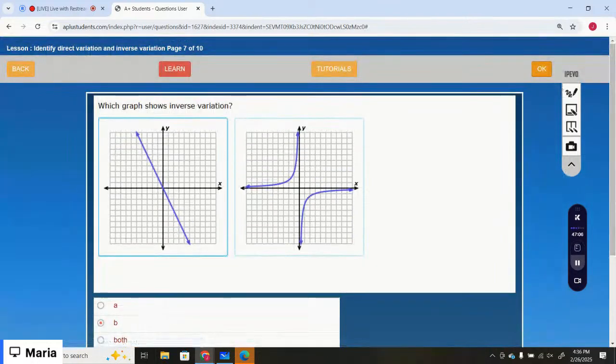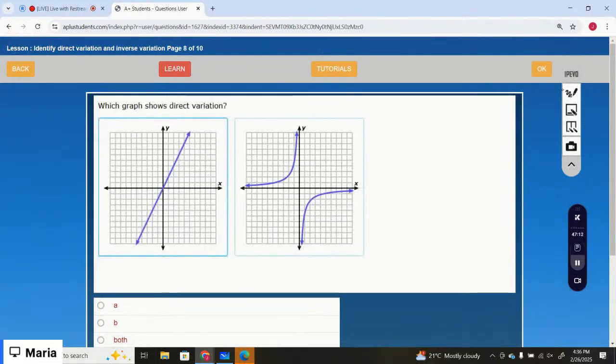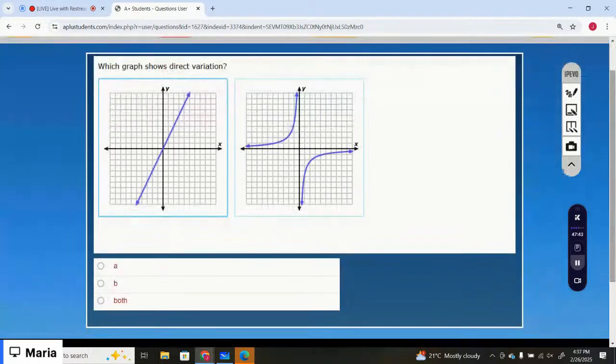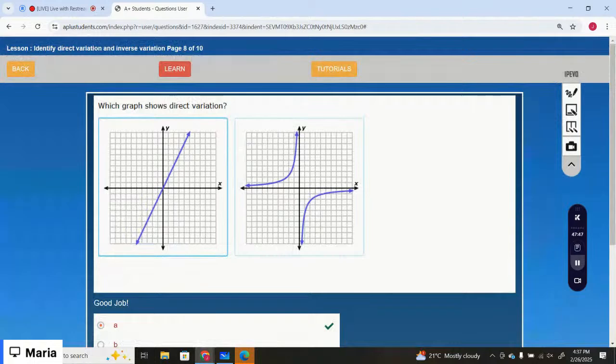B shows the inverse variation. Which graph shows direct variation? A shows the direct variation. A is the correct option.